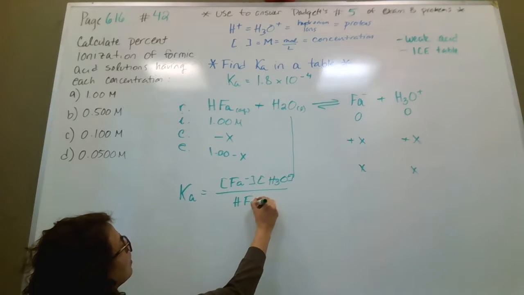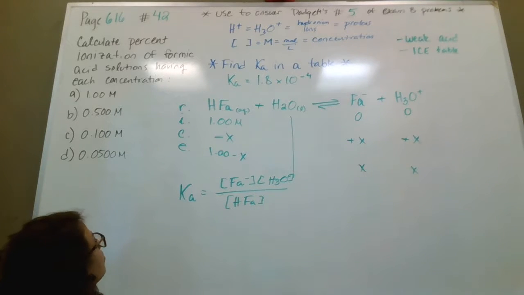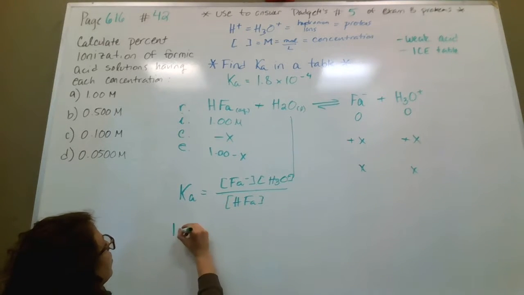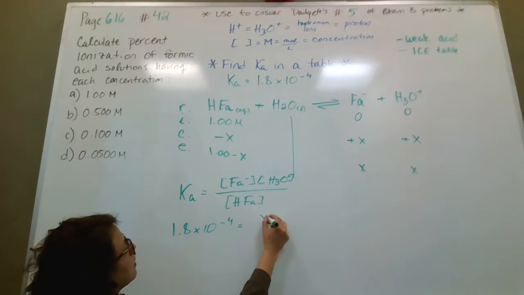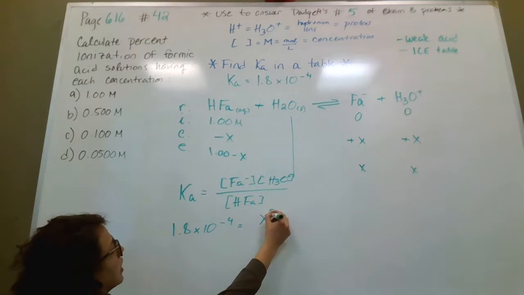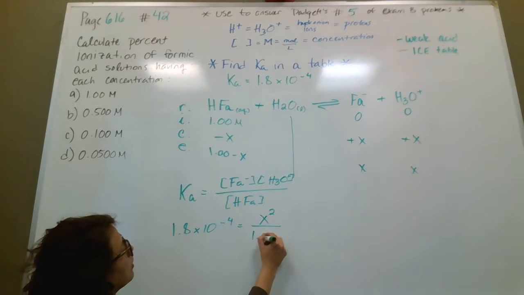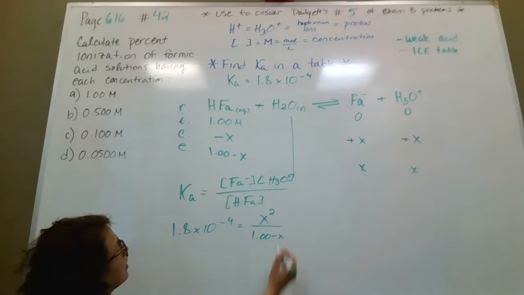And now we can plug the values in: 1.8 times 10 to the negative 4 equals x times x, so x squared, over 1.0 minus x.